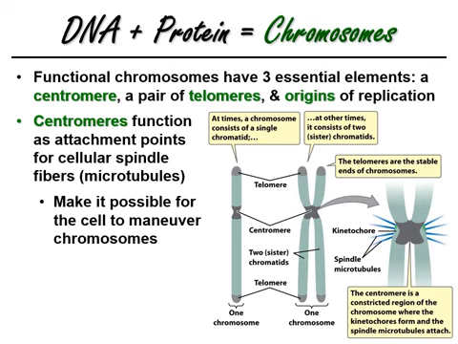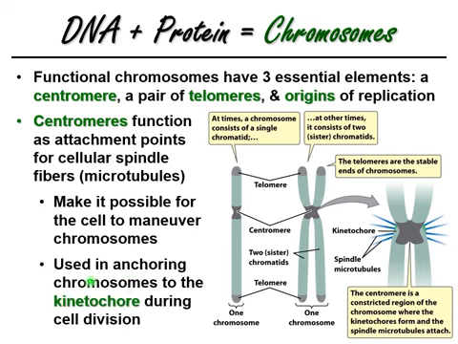And so the cell uses the centromere for the point of attachment and also for ripping them apart. So it's used in anchoring spindle fibers to the kinetochore, and so that's how we anchor chromosomes to the kinetochore during cell division.